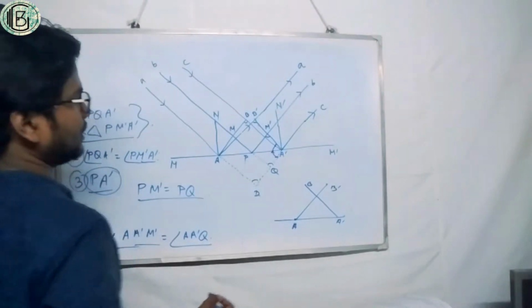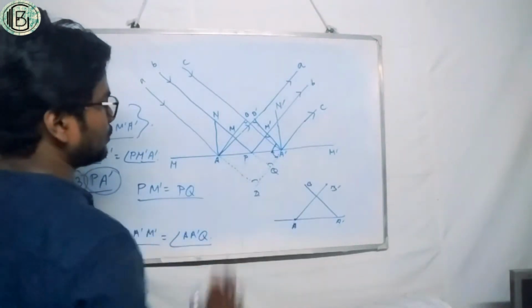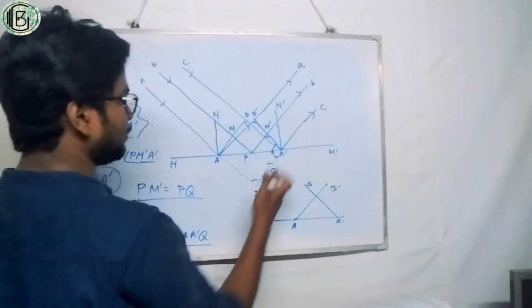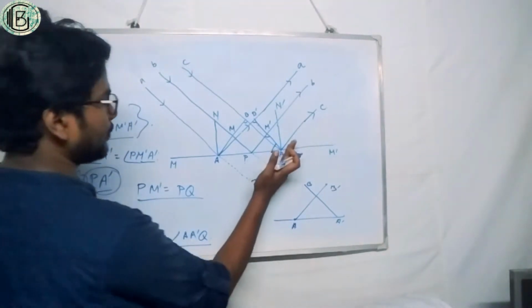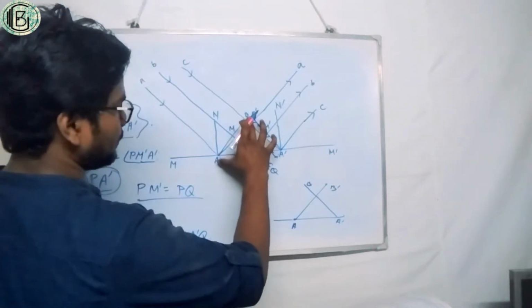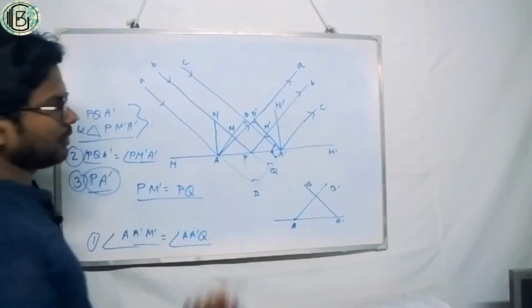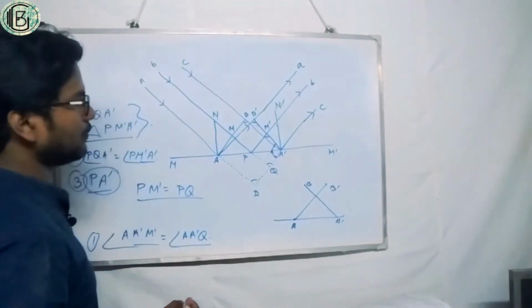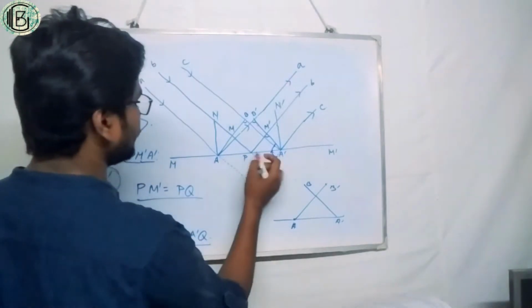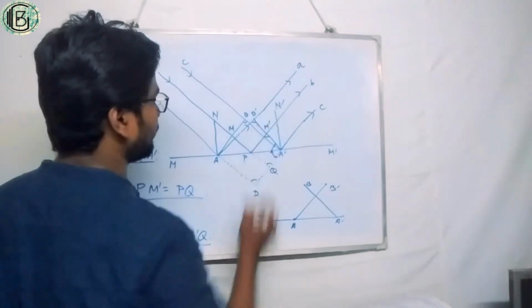Now as we can see, if the mirror was not there, then this is supposed to be the wavefront. AB was supposed to be at A prime D if the mirror was not there. Now if the mirror is there, the wavefront is being reflected at A prime, M prime, B prime.